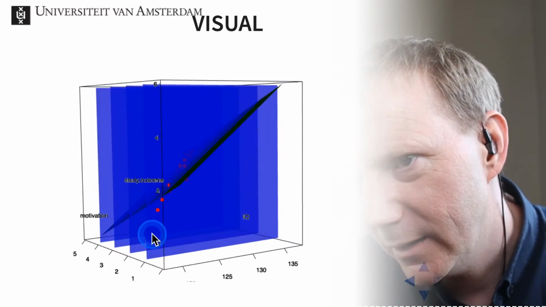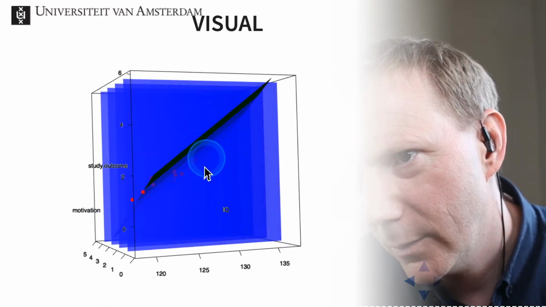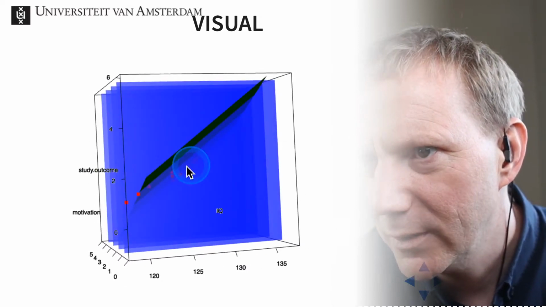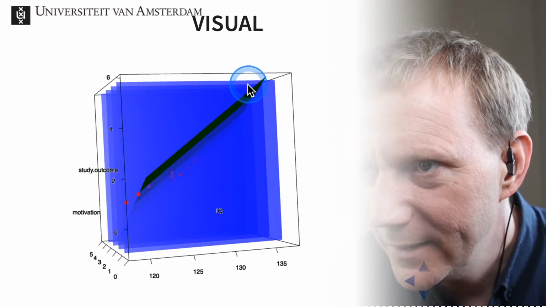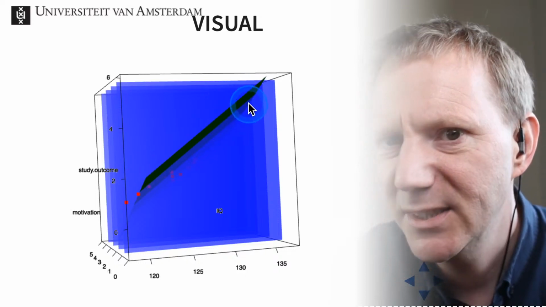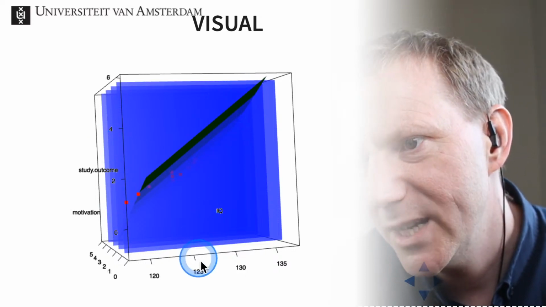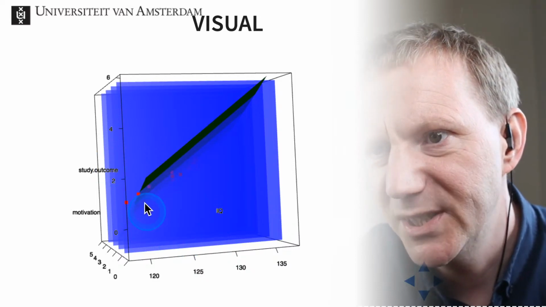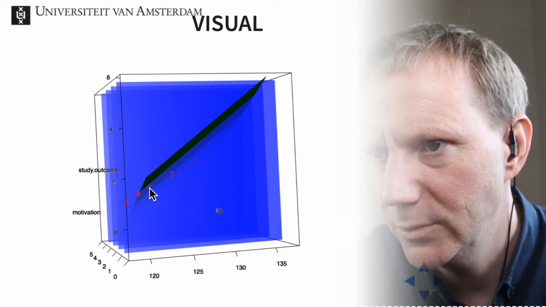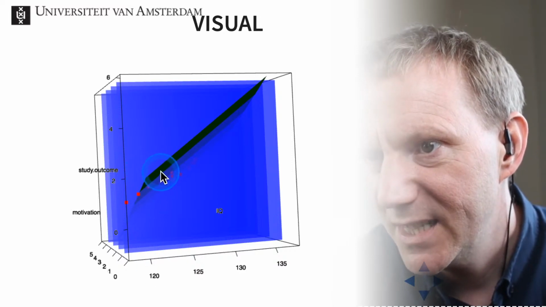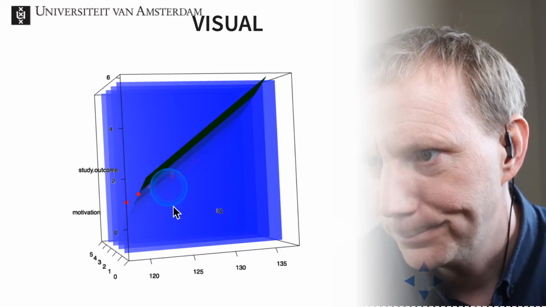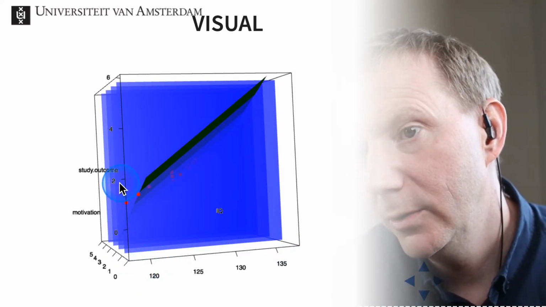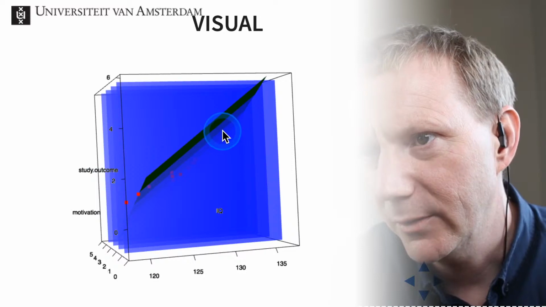So what we see here from this side is that the regression plane, this line, is the slope for the relation between IQ and study outcome. We see this was 0.26. This slope is this line, and it indicates that the higher the IQ, the higher the study outcome.